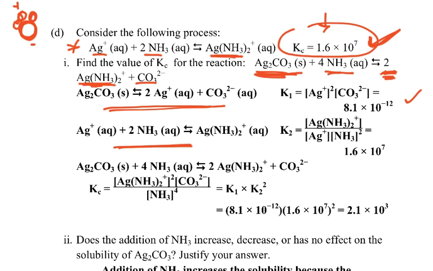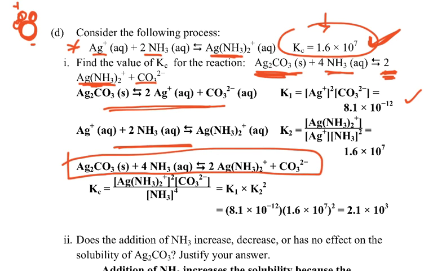So when I get my final equation by putting those together, you can see I can put them together, because what's going to happen is I'm going to have two silvers and two silvers, because I'm going to double this. And I think that's all that drops out. Okay, so when I'm done with my equation, I have silver carbonate, I've got 4 ammonias, and I'm ending up with 2 of these complexes and 1 carbonate.